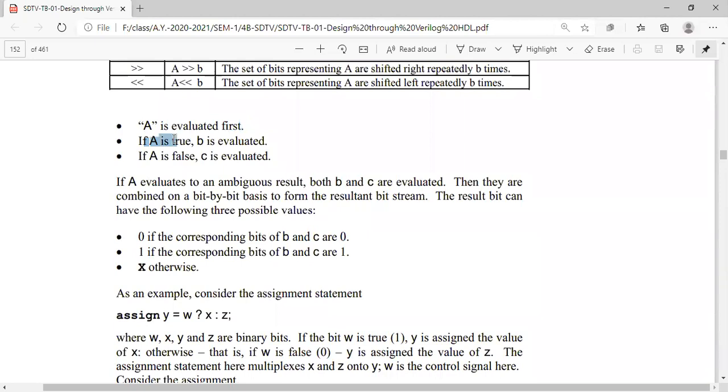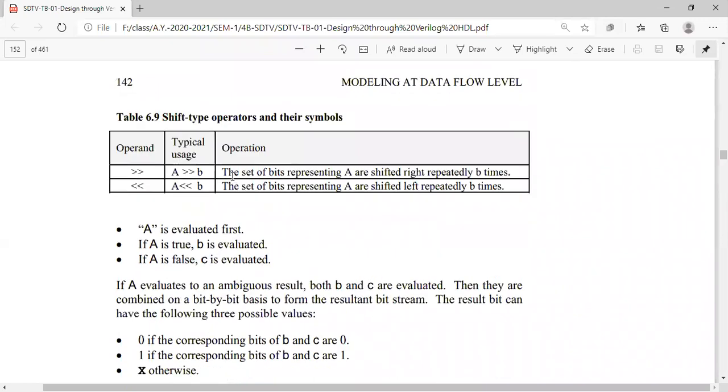If A is true, then B will be evaluated. I may write a single value also there, that means a single bit, either 0 or 1 or X or Z. If A is false, C will be evaluated.